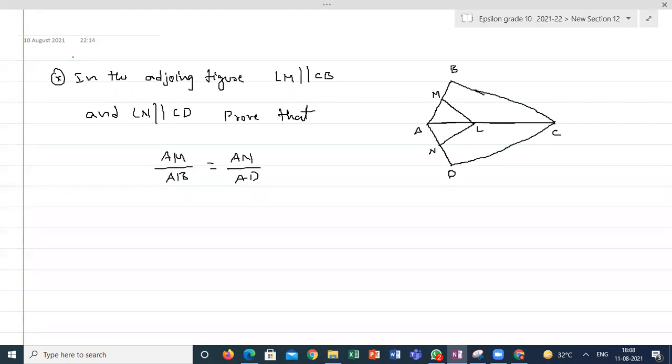I'm giving 2-3 minutes time. Meanwhile, I will go through the syllabus. Let's see how many more theorems we are having.